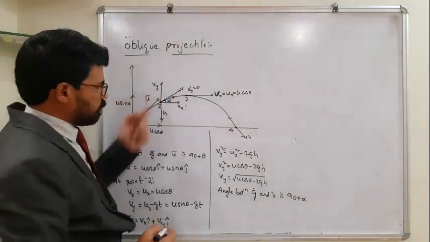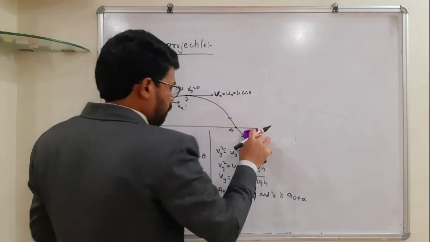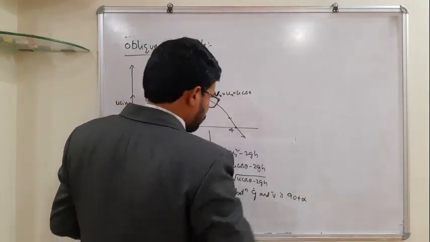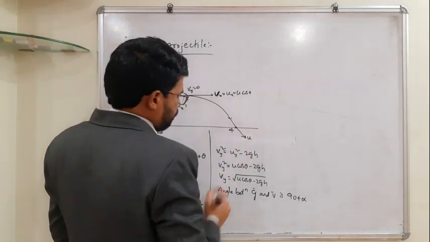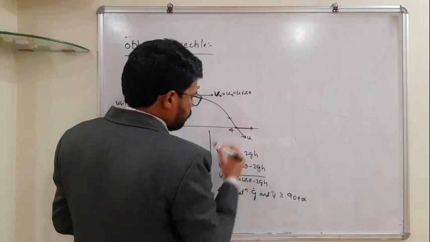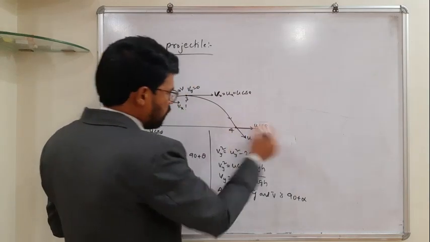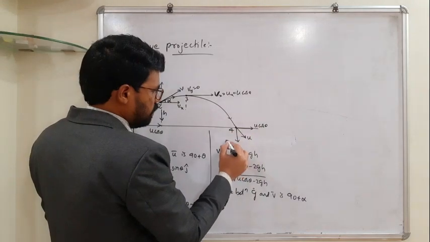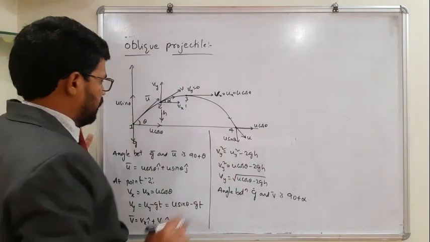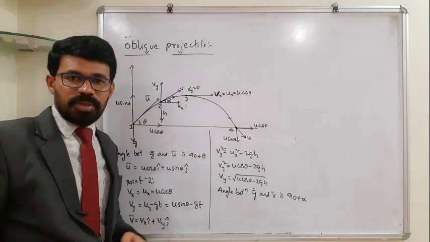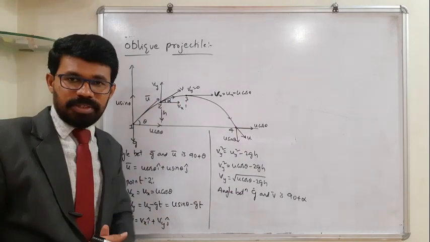With whatever velocity it is projected, with the same velocity it strikes this point, provided air resistance is ignored. If this is resolved into components, again you will have u cos theta here. The horizontal component doesn't change, and the vertical component remains u sin theta in magnitude. So all are the same, except this u sin theta and that u sin theta are opposite in direction. One is vertically upward, the other is vertically downward.